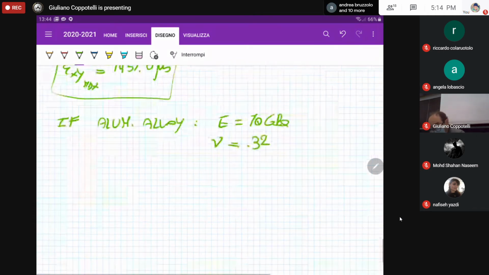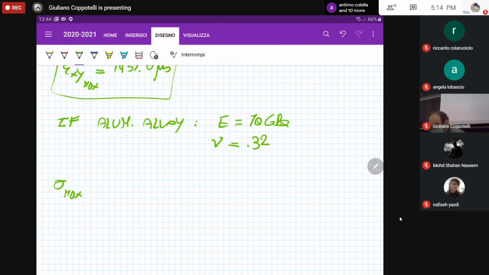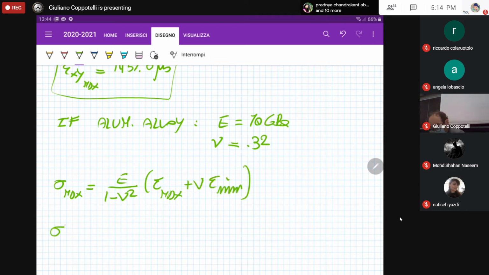Then what we can say is that the maximum stress that the structure is subjected to in the principal angle, of course, is given by this very well-known formula. I hope so. And the minimum is in the orthogonal direction as well.